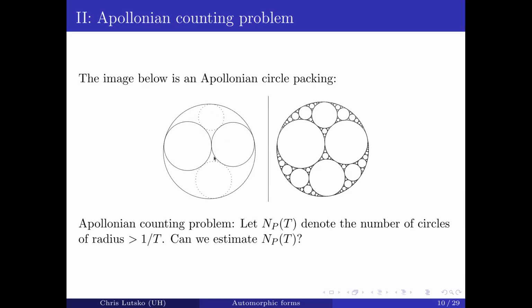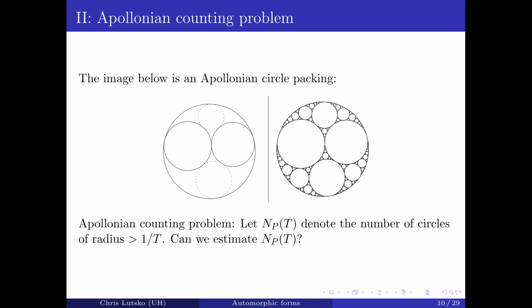So I fill in these two dotted circles, and then I can fill in 1, 2, 3, 4, 5, 6, and then the next 12 or something, and keep going ad infinitum, and you end up with this packing.